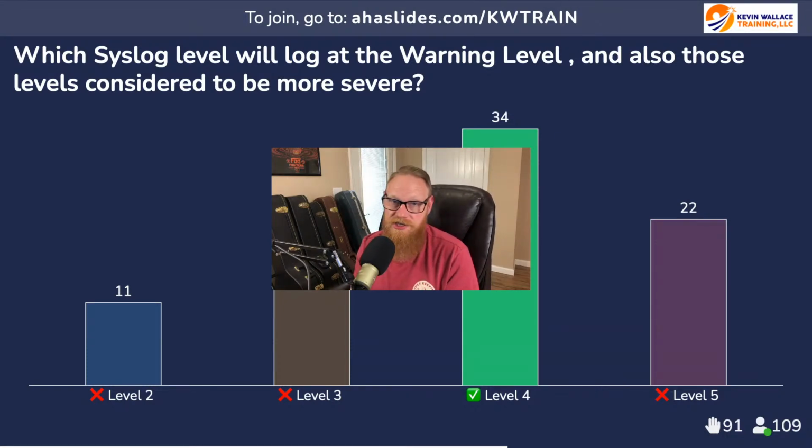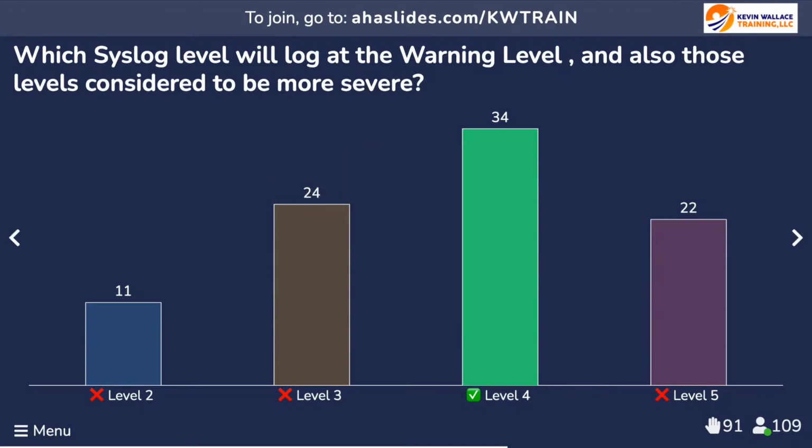So warning conditions are going to be specified at level 4. When we configure a Cisco device to log syslog messages at level 4, it's going to mean level 4, and all of those numerically lower are going to be logged. So level 4 and more severe, or in other words, level 0 through 4 are going to be collected, ranging from emergency to warning. Great job there.